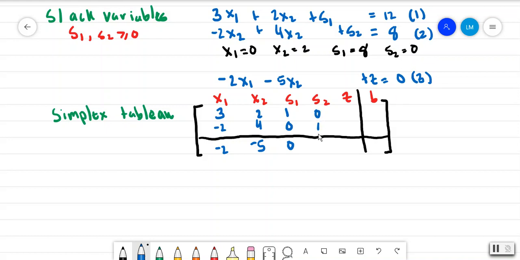Followed by 0, 1, 0, 0, 0, 1, and then you have 12, 8, and then 0. Now, right now, this is what I call the initial simplex tableau. So just to be a bit more specific, we're just going to say that this right here is what we call the initial simplex tableau.